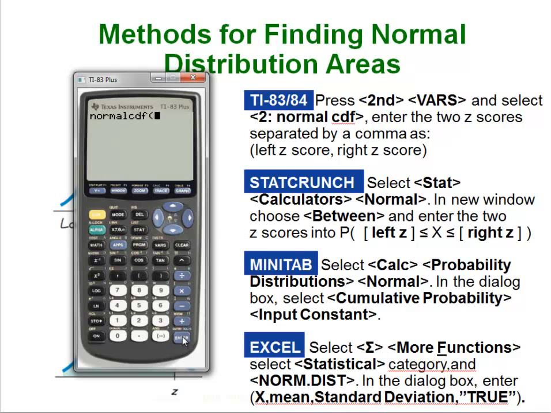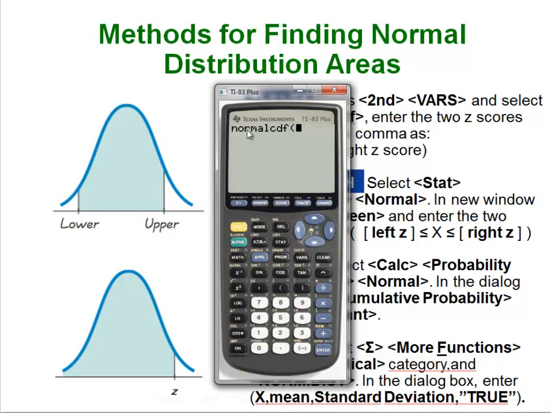Enter, and what you need to do is give it your two z-scores separated by a comma. So you're basically giving it the lower and the upper. So let's say we do a -1, and remember to do negative, you got to use the negative symbol. -1, comma 1. You don't really have to close the parentheses, but it's always nice just to be sure.